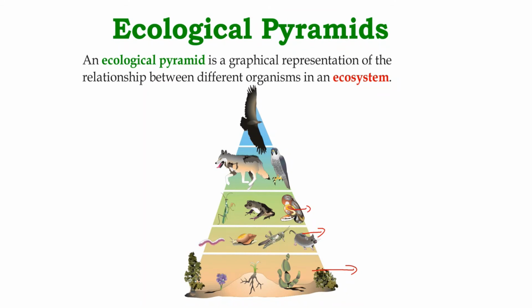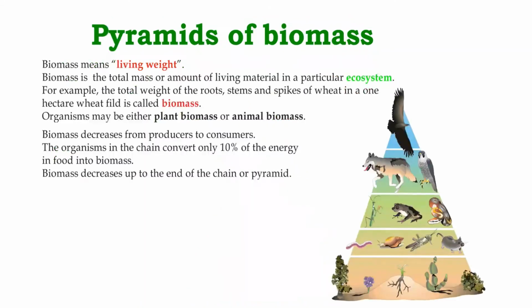Consumers: primary consumer, secondary consumer, tertiary consumer, and quaternary consumers. But as we go from bottom to top, we can see the number of organisms, the type of organisms, always decreases. What is in ecological pyramids? A graphical representation or diagram that shows the relationship between different organisms in an ecosystem.